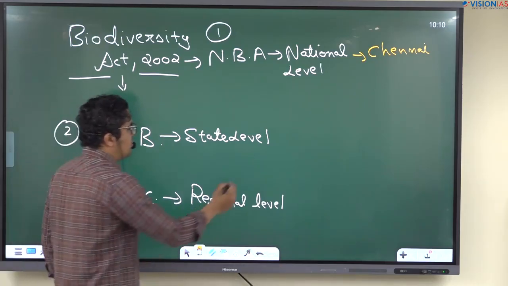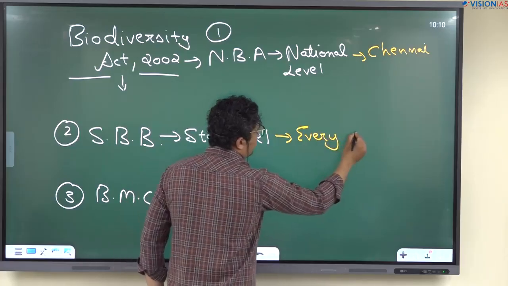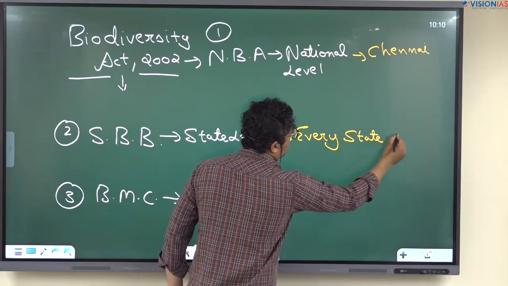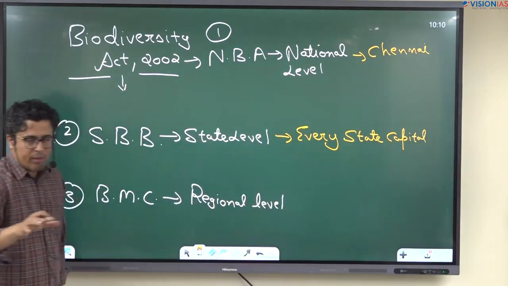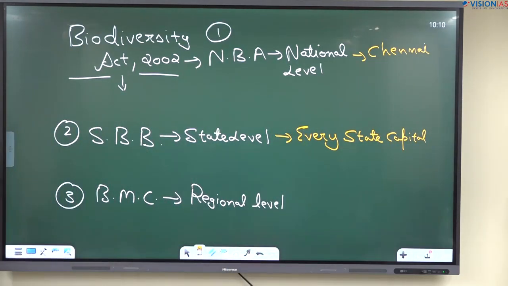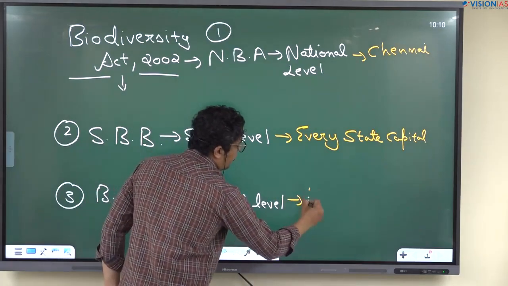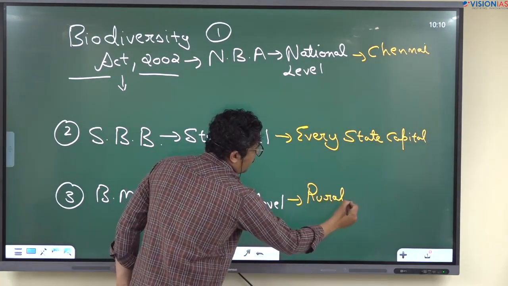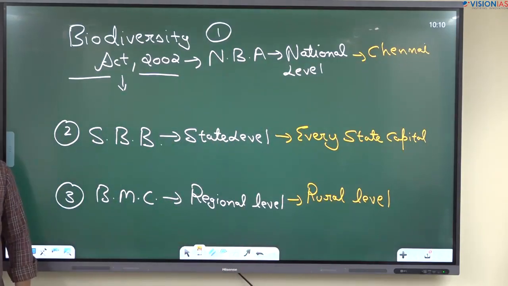State Biodiversity Board: every state capital has their State Biodiversity Board, while BMC is at rural level. So this is the setup: a national level organization, a state level, and a regional level.